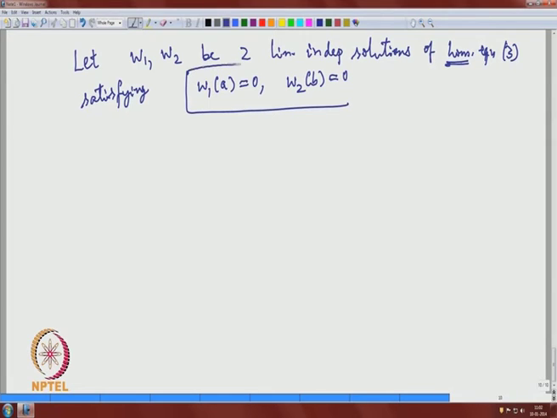If you have a more general condition, this is what we have to do: find two linearly independent solutions of the homogeneous equation 3, one of them satisfying a boundary condition at one point and the other at another point. For simplicity we have taken this simple boundary condition, y a equal to y b equal to 0, where w 1 satisfies the boundary condition at a and w 2 satisfies the boundary condition at b.